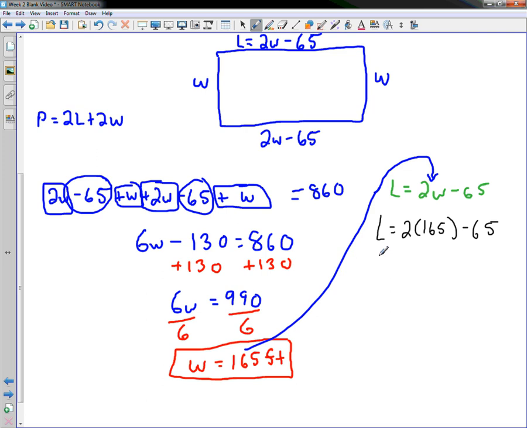And the length equals 330 minus 65. The length equals 265. So you do need to go through and find both of them. Once you have the first answer, you should be able to plug it in to find the second answer.